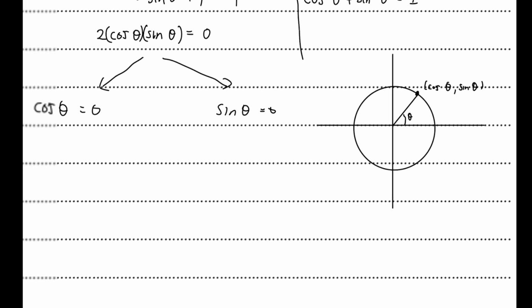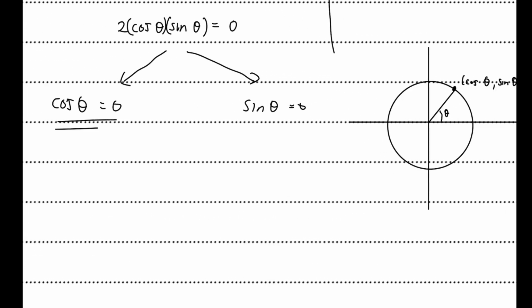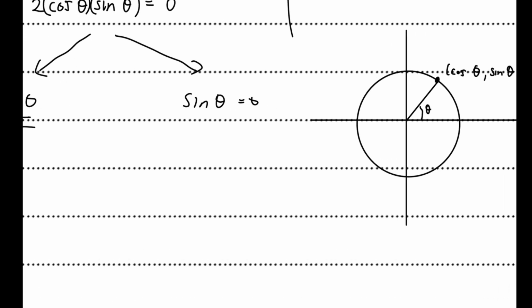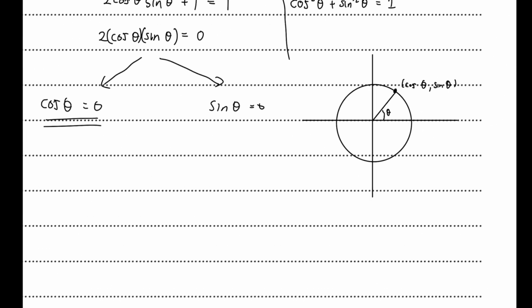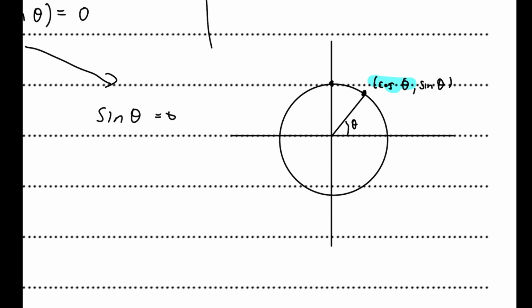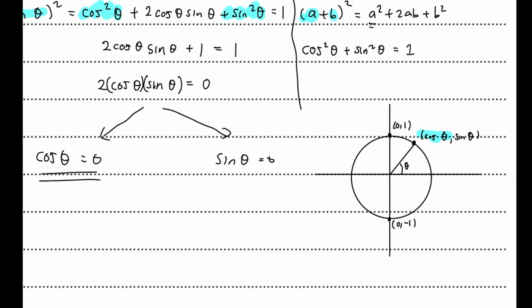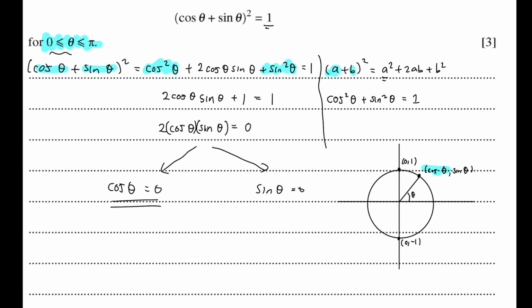So because we want to make cos theta equal to 0, and cos theta is the x coordinate, we make the x coordinate equal to 0. We have 2 points. This one 0, 1 and this one 0, -1. But our domain only stops at pi.